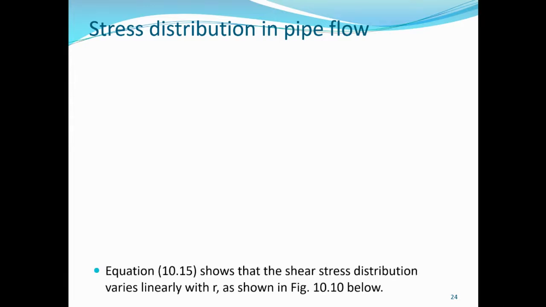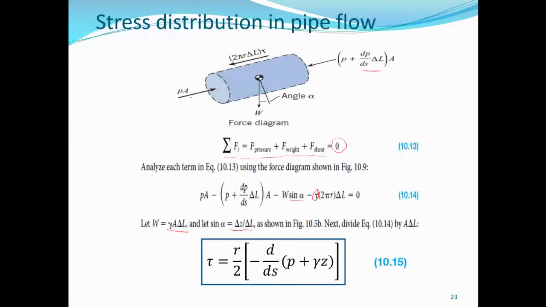So what is the interpretation of this equation? The shear stress distribution in pipe flow. If you look at it here, when r equals 0, the shear stress is 0, meaning at the center line, because r equals 0 at the center.